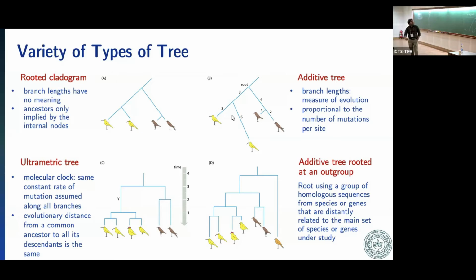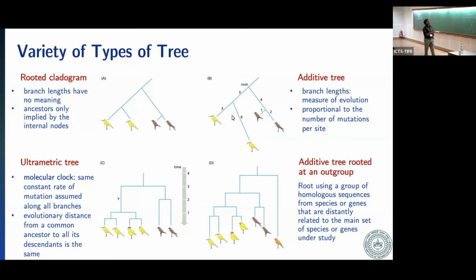Okay. The second type of tree is sometimes called an additive tree. Here branch lengths actually denote some measure of the evolution. What you see here is that the branches are of different lengths, and there are numbers associated with these branches. Essentially these branch lengths are proportional to the number of mutations happening per site.